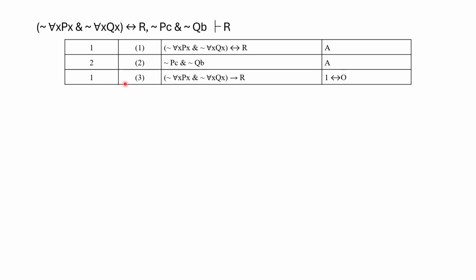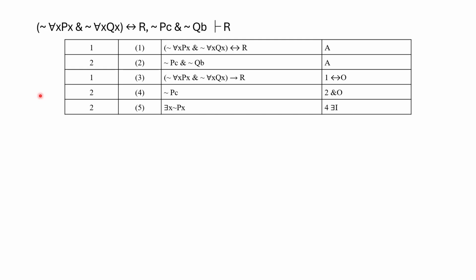So let's focus in on our second assumption here. I'm going to separate out the tilde PC from line 2 using our AND out rule. And then I'm going to introduce an existential quantifier. Since I have something that's tilde PC, I can put an existential quantifier out in front of it, replace the C with an X variable, and now I can use quantifier exchange to move this tilde across.